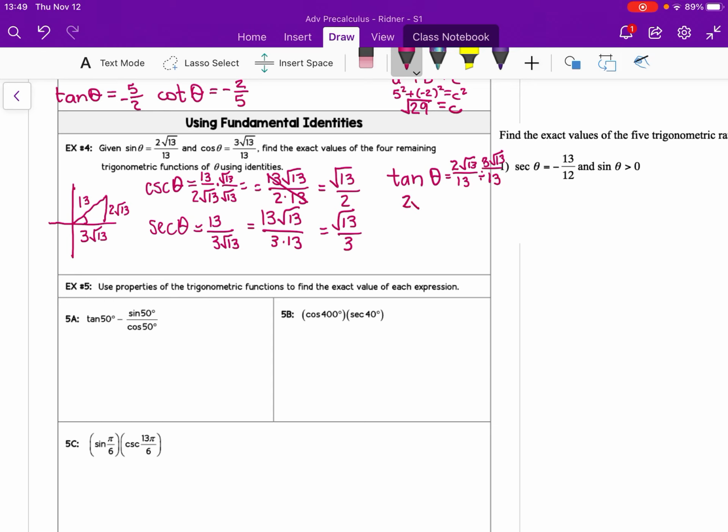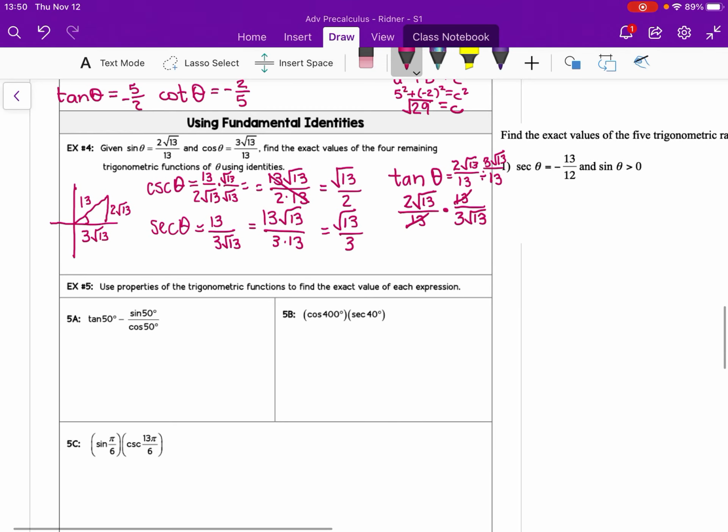So remember, when we divide fractions, we actually multiply by the reciprocal. All right, we got some stuff that cancels out. Life is grand. So the tangent theta is just 2/3, which makes cotangent super easy. It's just 3 over 2.